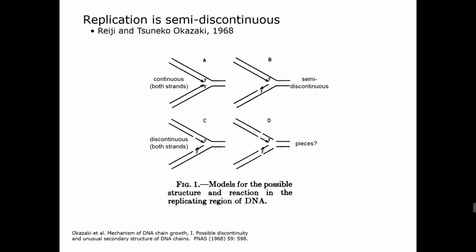All right, so now we'll delve into how replication is semi-discontinuous. So the conundrum here is that we know from Meselson and Stahl that replication is happening in a semi-conservative fashion. So we're separating the 2 DNA strands and using each of them as a template for new synthesis. We also know from Watson and Crick that one of these strands goes 5' to 3', and the other one goes 3' to 5'.